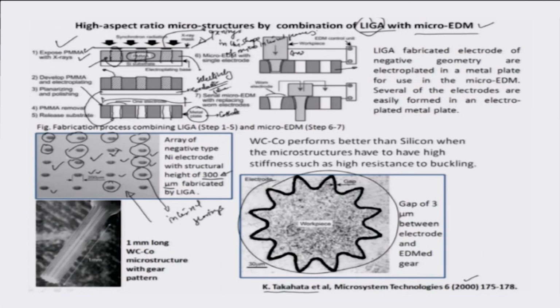So, this workpiece is positive and this is the cathode, negative, and the workpiece which was otherwise a cylinder is now cut into a gear, the SEM image of which is shown here. So, this is the micro-EDM'd workpiece.